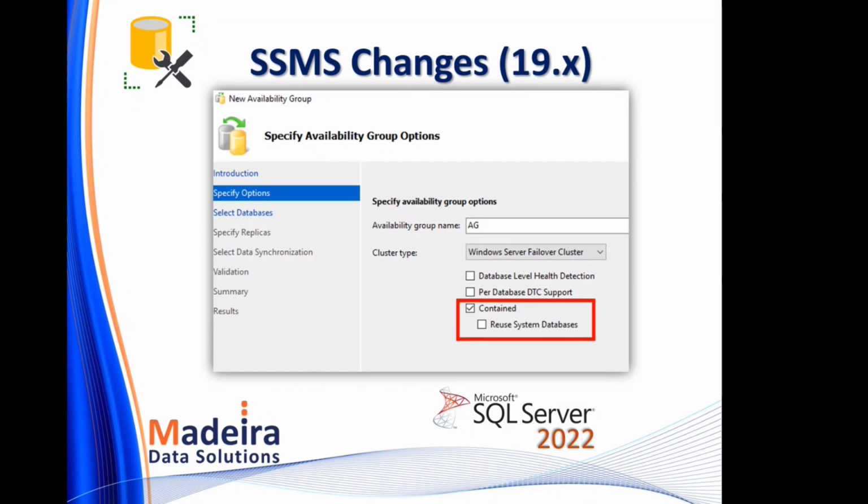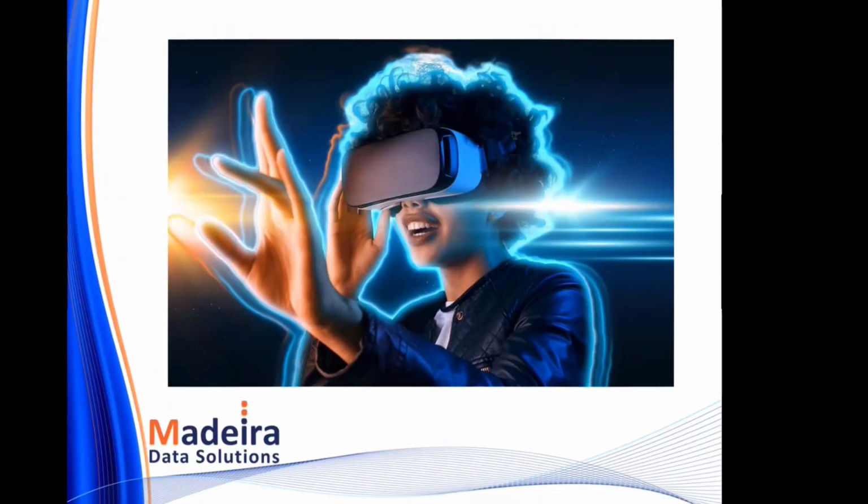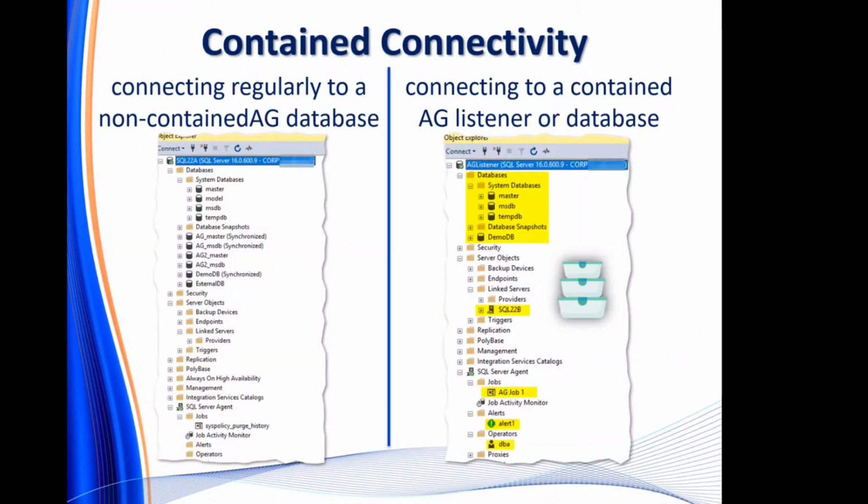Which means that, let me go back a second. Here, which means, for example, if in the past we had already created a contained availability group called, let's say, AG2, but then we deleted the contained availability group, but those system databases remained.